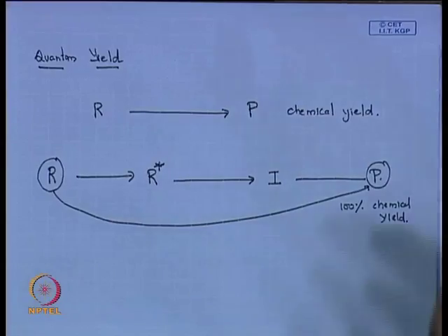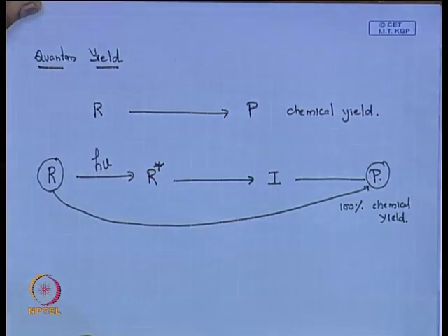So your reaction can be 100%, but the important point in organic photochemistry is that most of the time we do not call a reaction's efficiency based on chemical yield. Most of the time we talk about the efficiency of an organic photochemistry based on its quantum yield, that is, based on the photons. See, if I have an h nu, that is my reagent, right.